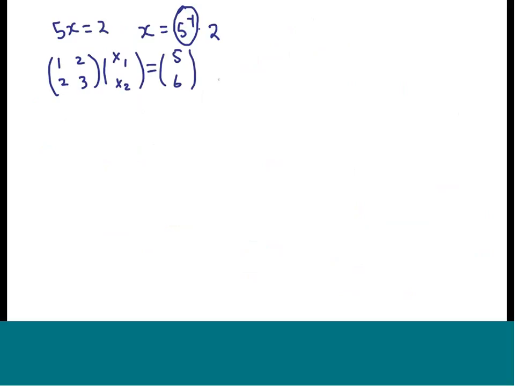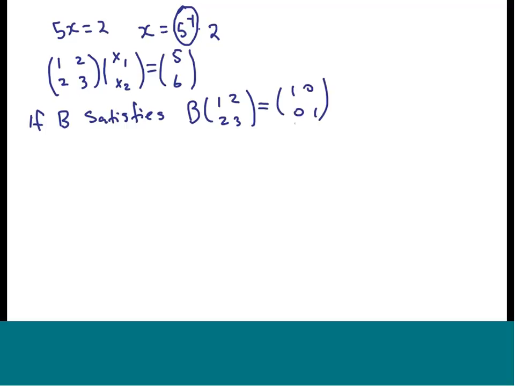But if I know some matrix B that satisfies B times the matrix 1, 2, 2, 3 equals 1, meaning the identity, then I can very easily find x1, x2 as B times 5, 6.